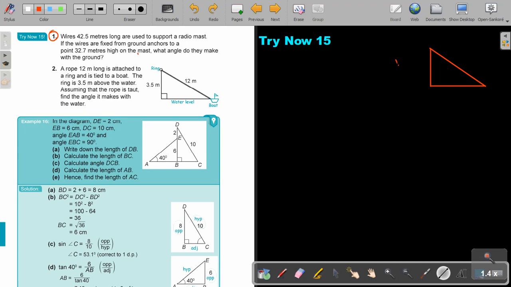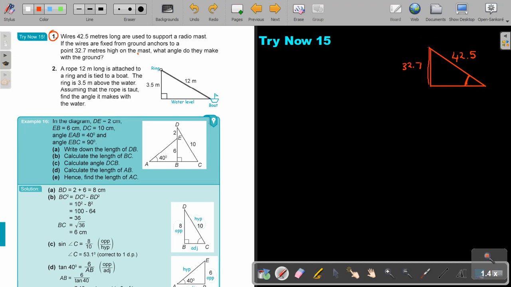Okay, so this is 32.7. Wires 42.5 long, okay, there's my angle. There's the mast, there's my wires, and it's fixed there. That's the height where it's fixed, and that's the wire.